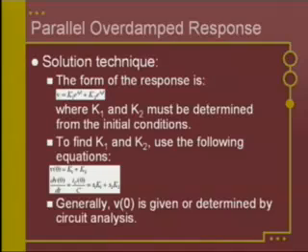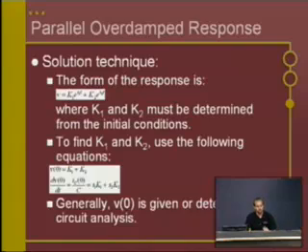Normally you'd be given the initial voltage across these things, and you will have to use a little know-how to solve for the rest of the parameters, at least the current through the capacitor. Or it might give you the current through the inductor as some number of amps. Then you need to think, okay, if there's that much current running here and this voltage, you can solve for the other things.